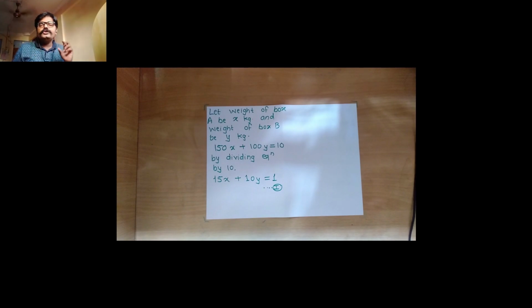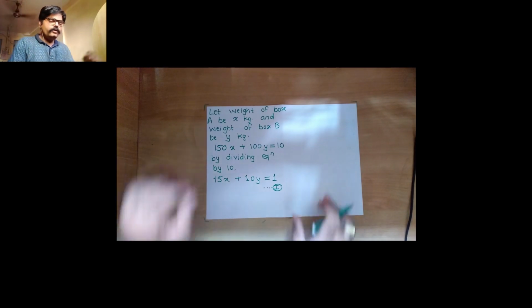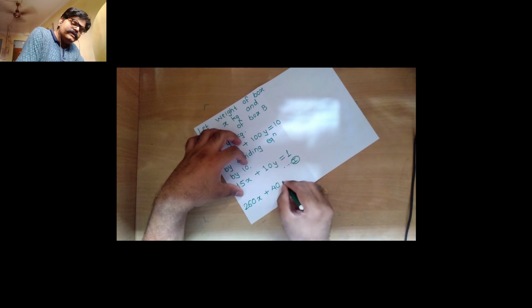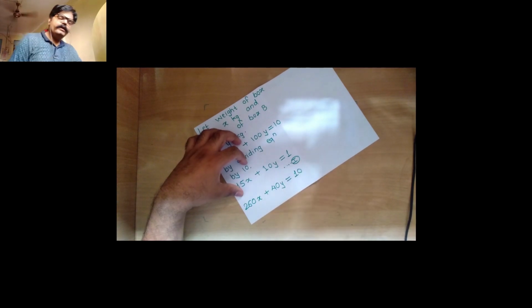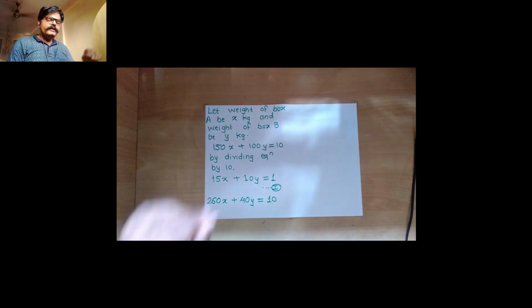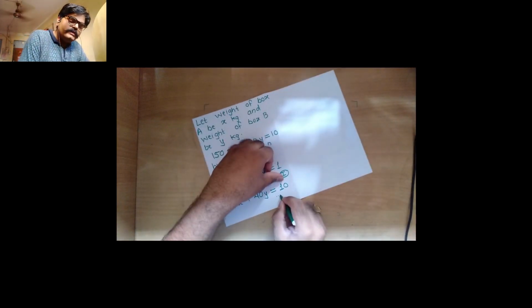That means the total weight of the boxes will be 10 tons. So that is what we are going to write over here: 260 boxes of type A plus 40 boxes of type B, together they are going to weigh 10 tons. Okay, so we are going to call this equation number 2.